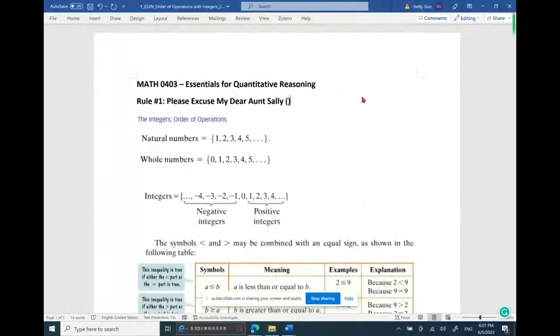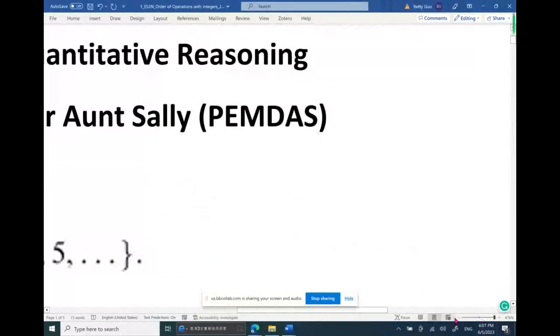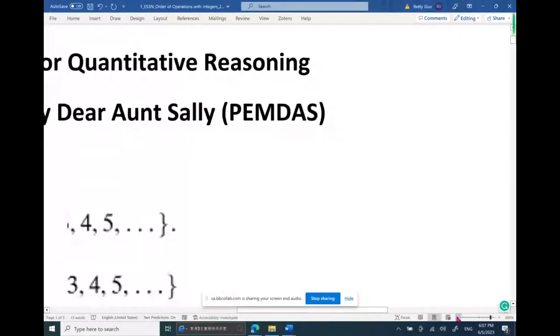Some books or some teachers call that PEMDAS, the initials of those operations. Let me explain. It's pretty easy to remember, right? Please excuse my dear Aunt Sally, or PEMDAS.